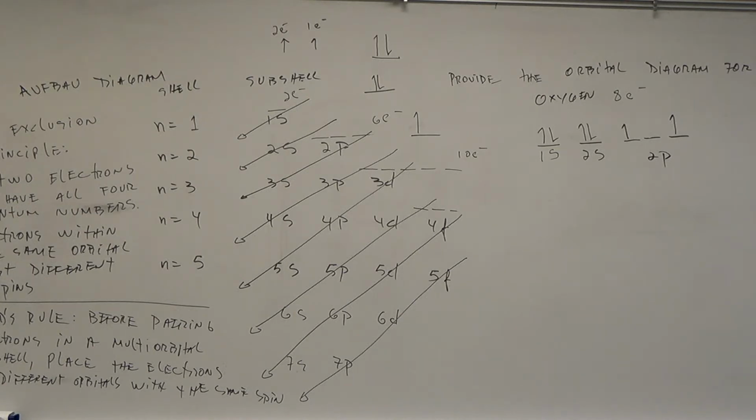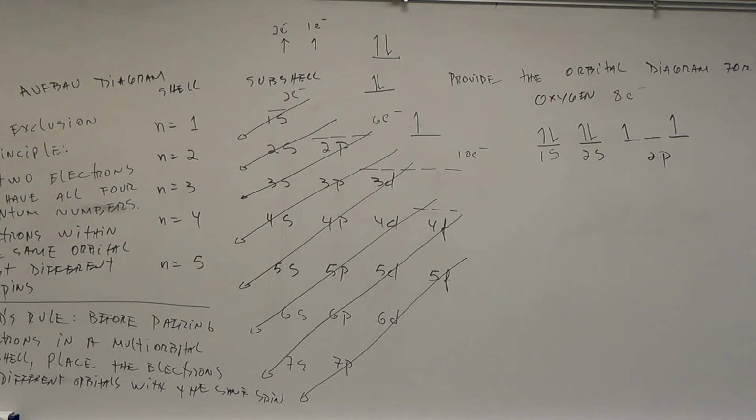Okay, write this down. The orbitals within the same subshell are degenerate. And of course, why don't you ask what does degenerate mean, right?